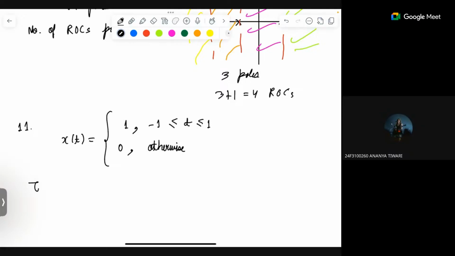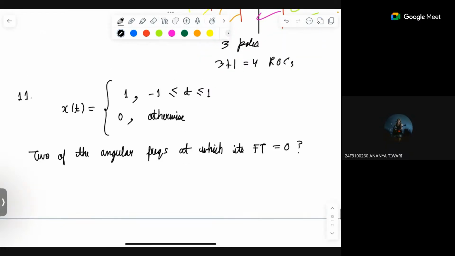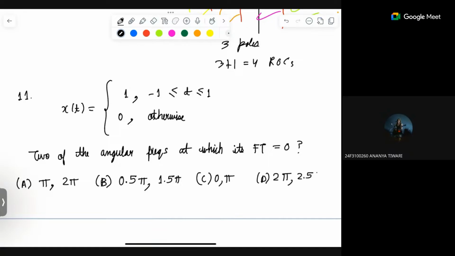So the question is, two of the angular frequencies at which the Fourier transform of x(t) is equal to 0. I will give you four options: option A pi, 2 pi, option B 0.5 pi, 1.5 pi, option C 0, pi, option D 2 pi, 2.5 pi.